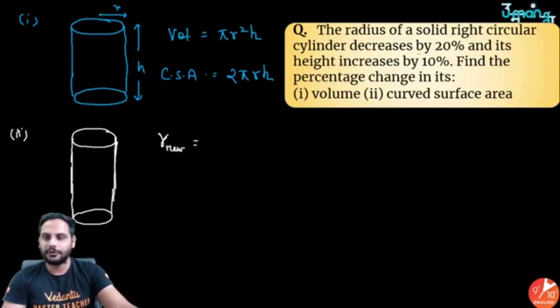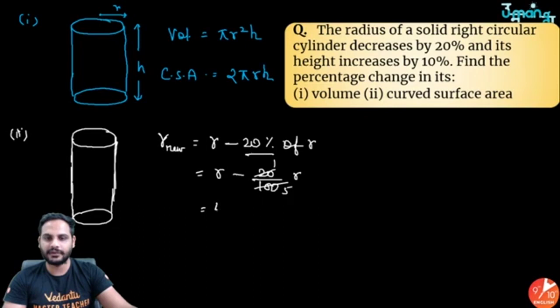So now the new radius will be a 20% decrease. Earlier the radius was r, so it is r minus 20% of r, that is r minus 20 by 100 of r. One-fifth, so r minus r by 5, which is equal to 4r by 5, or you can say 0.8 r.